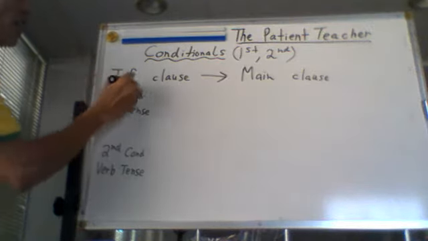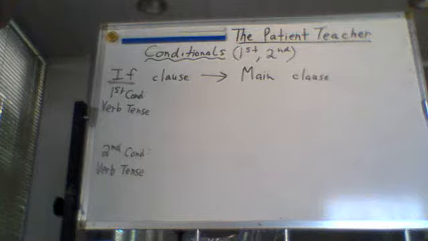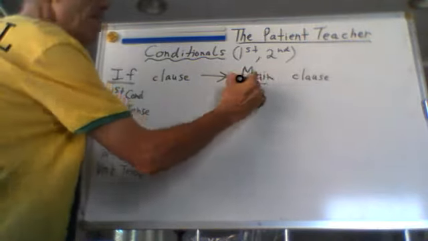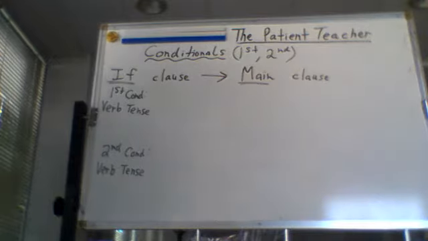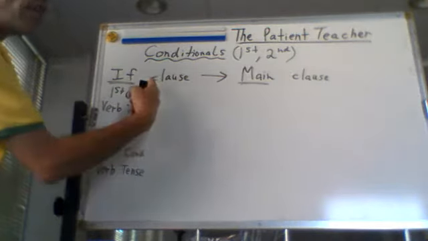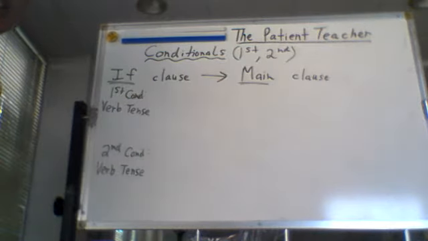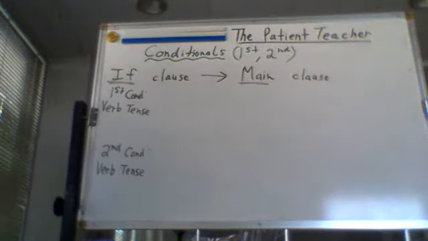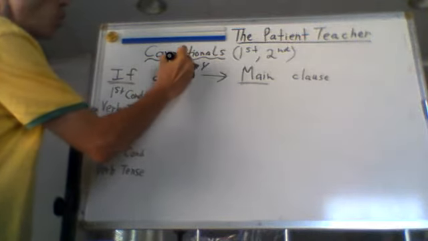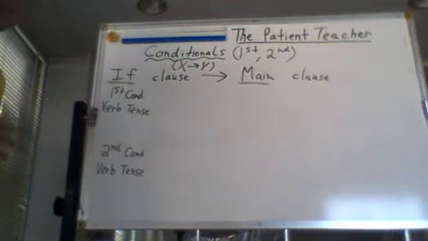So we have the if clause, if something happens, and the main clause, and that would be what happens on the condition that your if clause is met, okay? I would often use "X causes Y" for students to have the thought, how to understand it, okay?